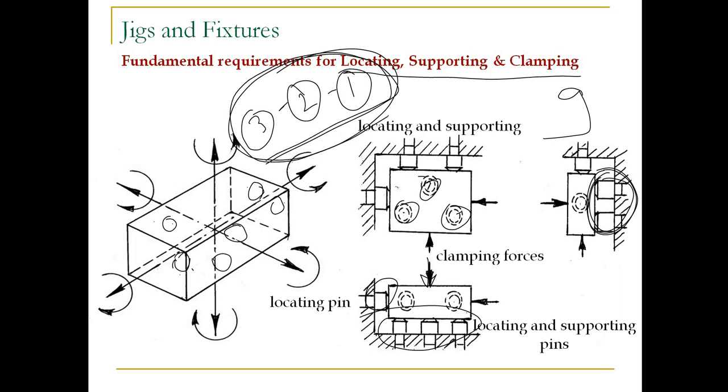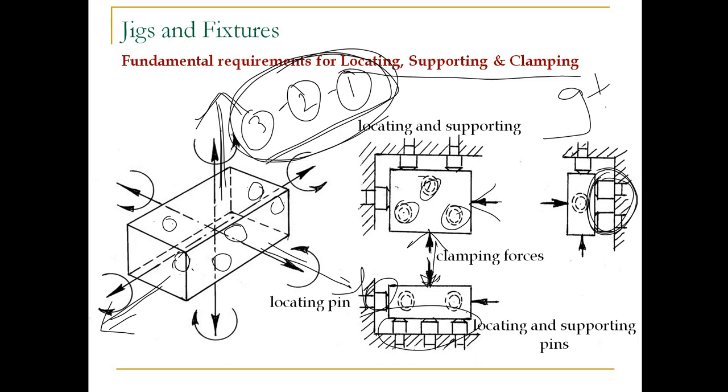Now your workpiece will be able to move only in this particular direction, in this direction, and in this direction. So if we arrest these 3 movements, the workpiece can come out in this direction, in this direction, and in this direction. If we arrest these 3 movements from the top, all the 12 degrees of freedom will be restricted.